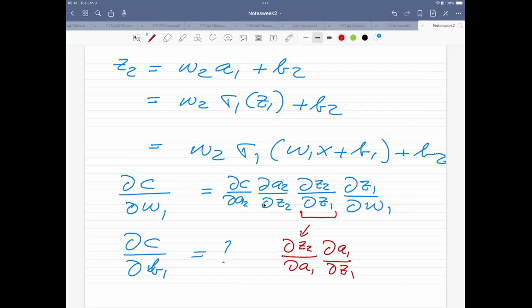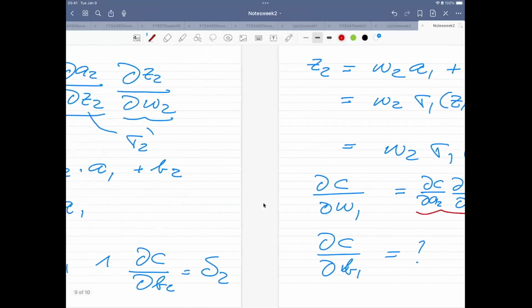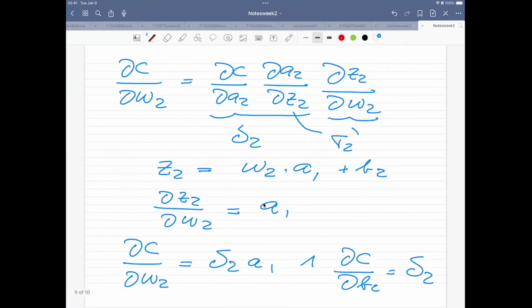Now, this function here is simply the derivative of the first activation function, the activation function of the hidden layer. And this dz2 over dA1, if we go to the expression we have here, immediately translates into W2. Now, this term which you see here is the same which we earlier called delta 2.